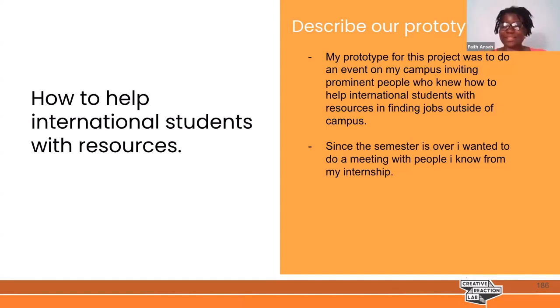But since the semester is over, I wanted to do the event with just a few people from the nonprofit where I worked and a few people from Creative Reaction Lab as well. But due to scheduling, the meeting couldn't happen, but maybe next week or in 2 weeks, we could figure something out.